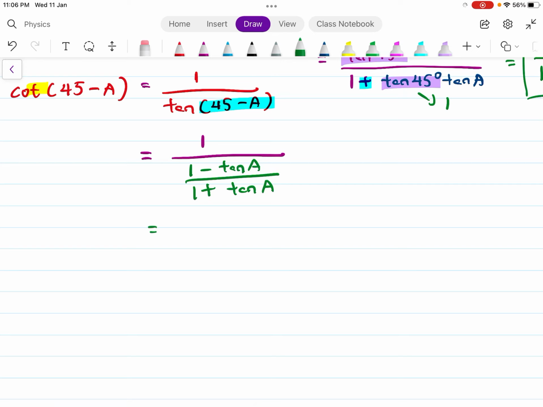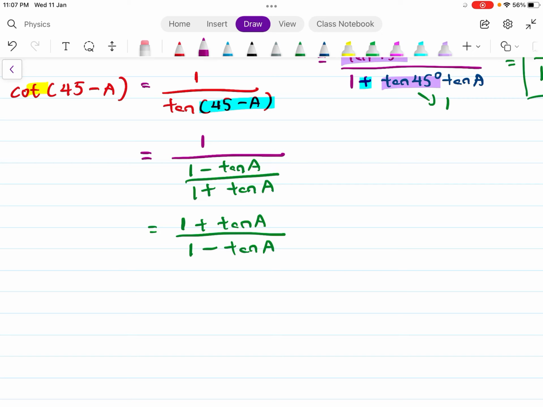So the whole thing will be equal to 1 plus tan A over 1 minus tan A. Notice that this is not the form shown in the question, because in the question they want us to prove it equals cotangent A plus 1 over cotangent A minus 1, right? But you roughly see the form already. We have 1, we have tangent A, and so on.